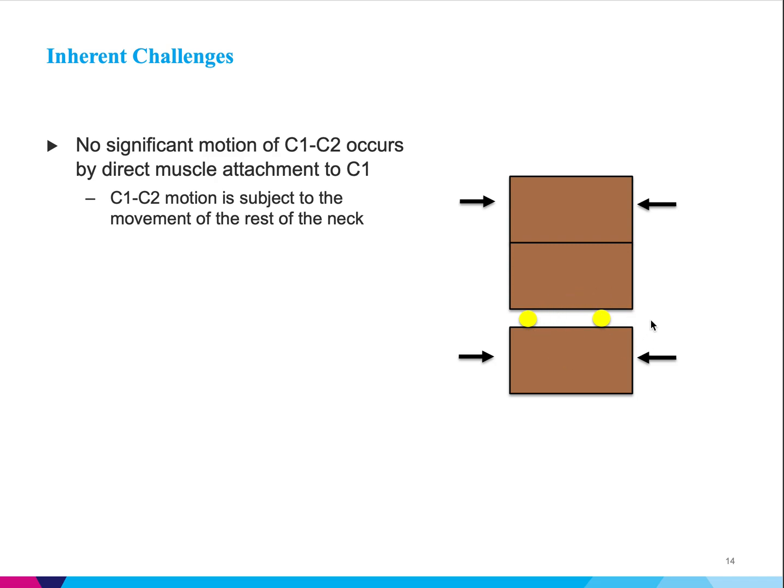All right, an analogy for this: imagine you have 3 boxes stacked on each other, and between the lower 2 boxes, you put a set of tennis balls. You apply forces to the top box and you apply forces to the bottom box.